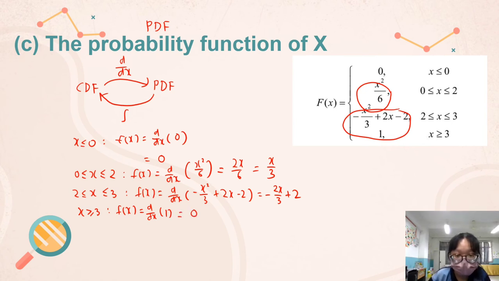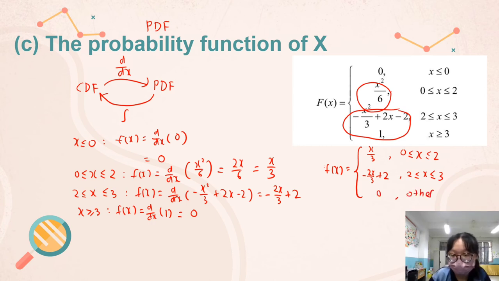So the final answer, we can write as f(x) equals x over 3 when x is between 0 and 2, and then negative 2x over 3 plus 2 when x is between 2 and 3. For others, we just write 0 otherwise. So this is the final answer for this question.